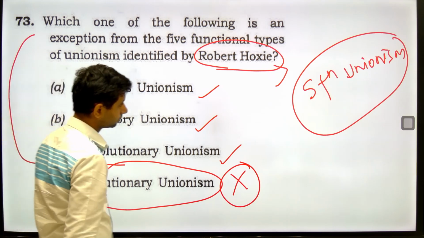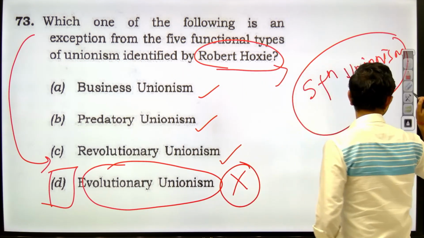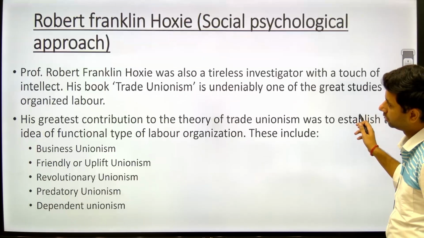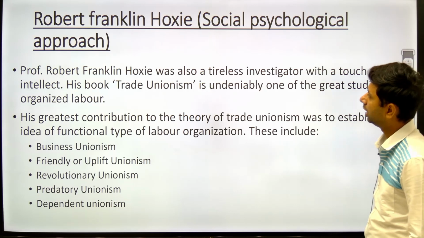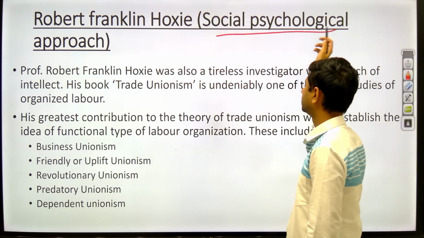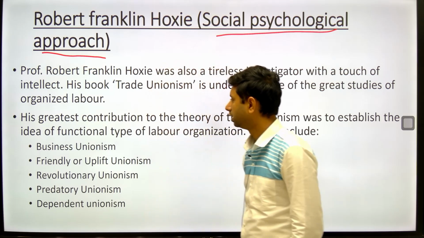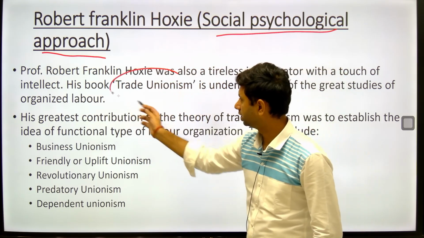Okay. Now let's see what theories or functional types were given by Robert Franklin Hoxie. This approach with respect to unionism came to be known as the social psychological approach, and his book was Trade Unionism.